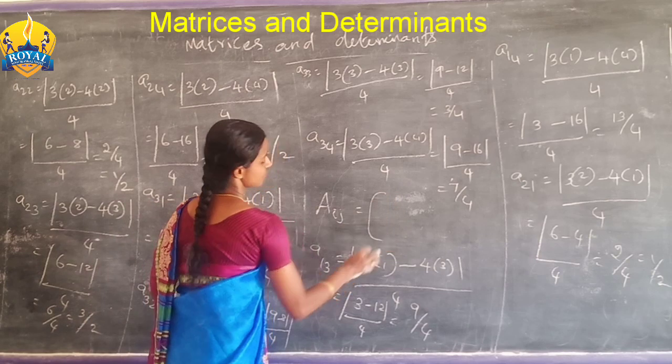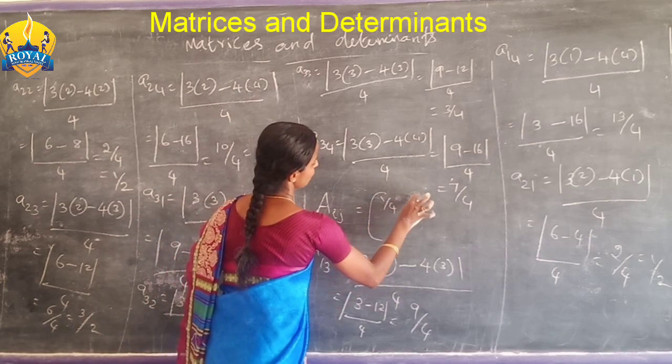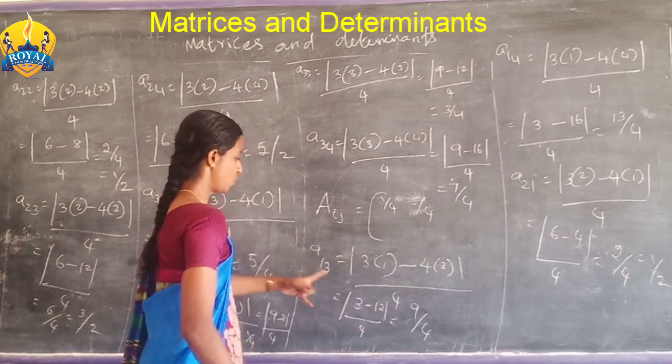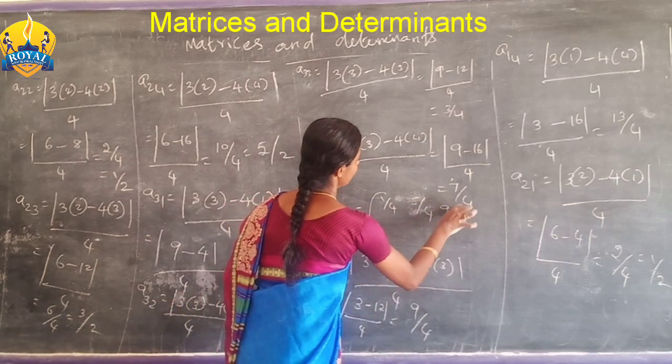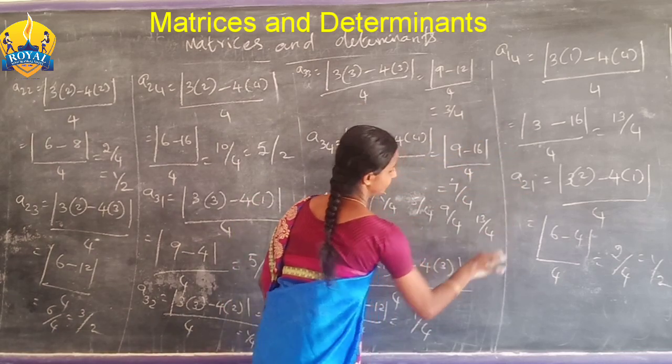My first row is A11 is 1 by 4, A12 is 5 by 4, A13 is 9 by 4, A14 is 13 by 4.